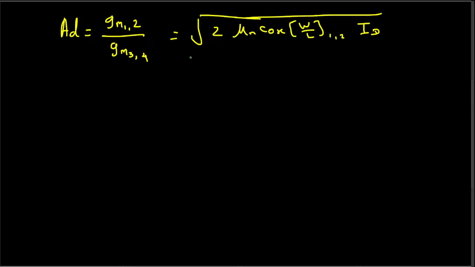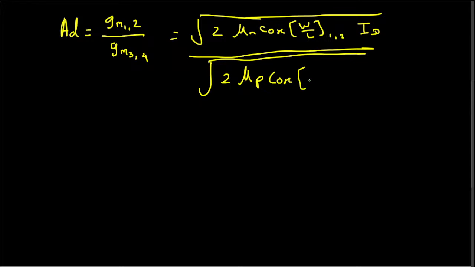So the ID current is equal, and at the bottom we have PMOS with the exact same formula: the square root of 2, and instead of mu n we put mu p, then COX, W over L 3 4, and then ID. Here we can cancel the 2, the COX, and the ID.